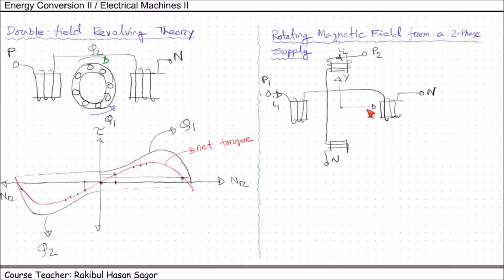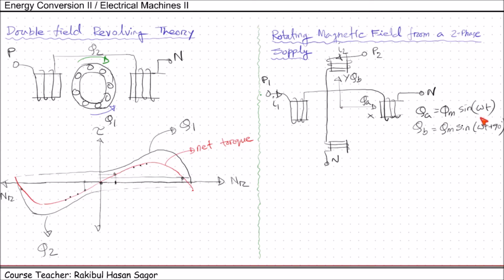It can be expressed by the equation phi A equals phi m sine omega t, and the magnetic flux created in the y-axis direction can be represented by phi B, which is 90 degrees apart from this current: sine omega t plus 90 degrees. So in this direction we have phi A, pulsating with this equation, and in the y-axis direction we have phi B, pulsating in the y direction.